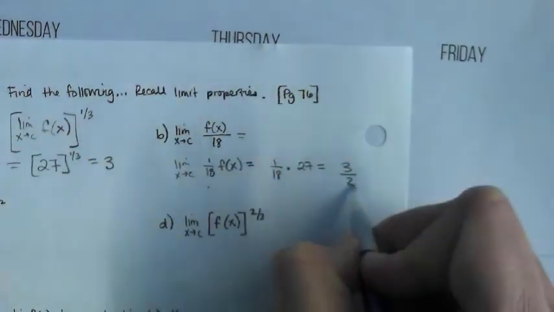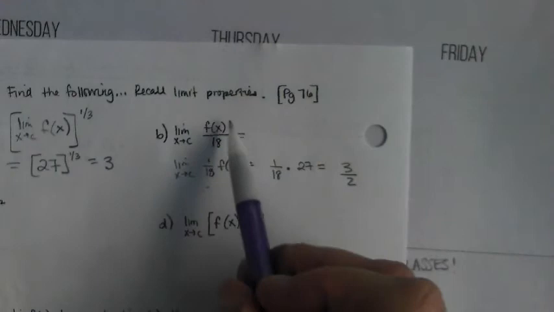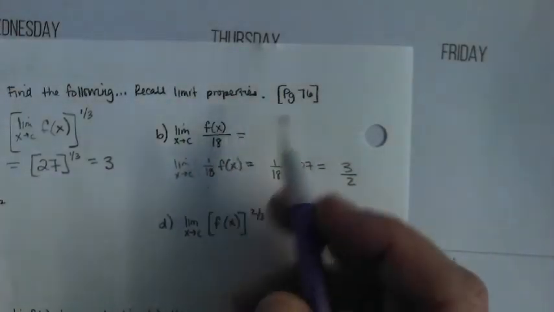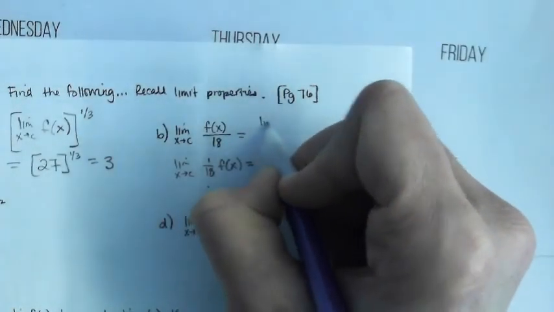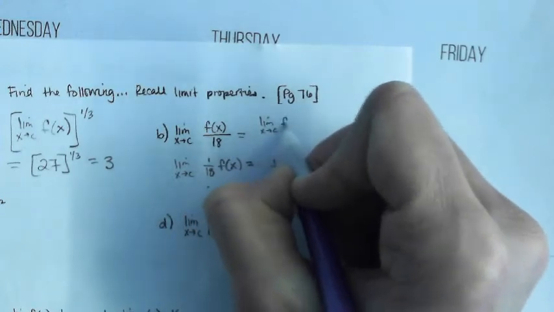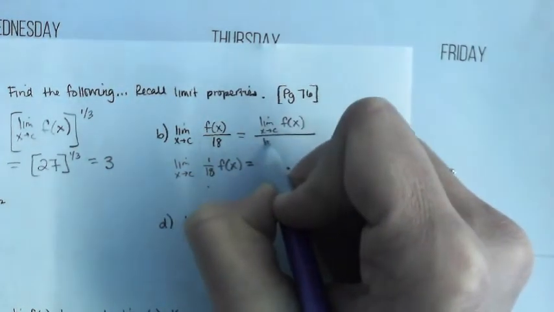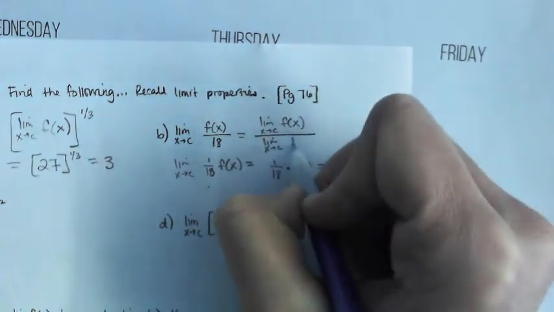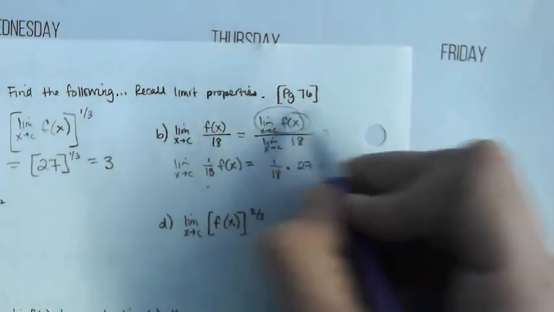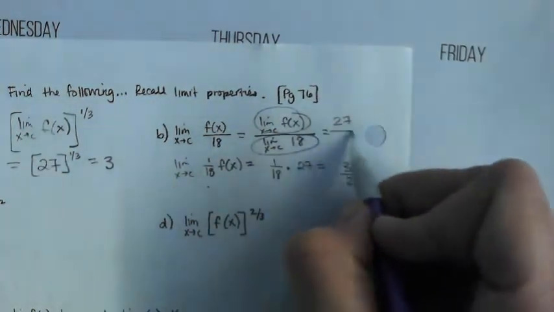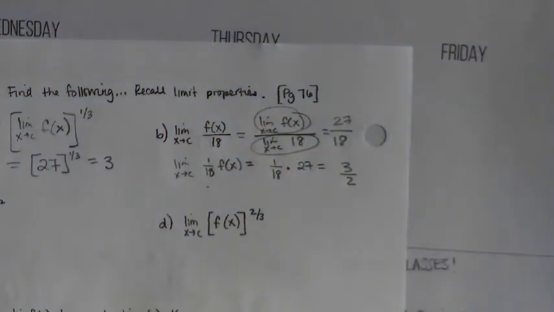That would be 3/2. Using property 4, the division one, you take your limit of f of x and divide it by your limit of constant 18. So this is 27. Limit of any constant is the constant, and you still get 3/2.